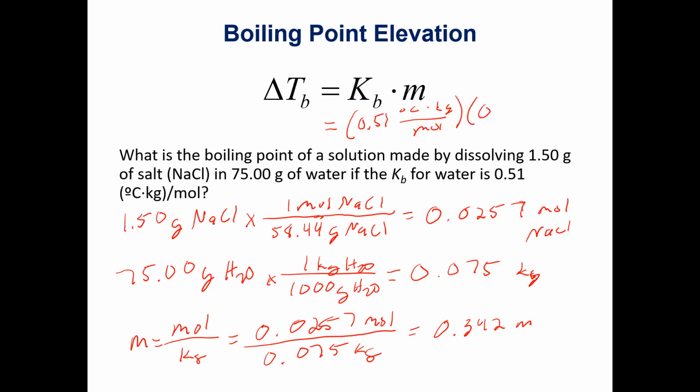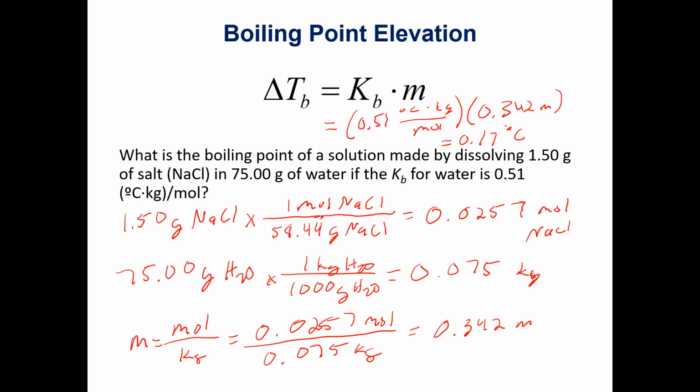And if we multiply that by 0.342 molal, 0.51 times 0.342 gives us 0.17 degrees Celsius. So this is the change in boiling point.